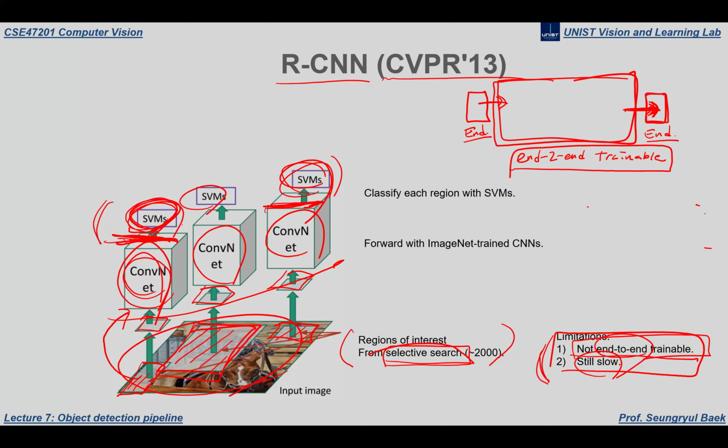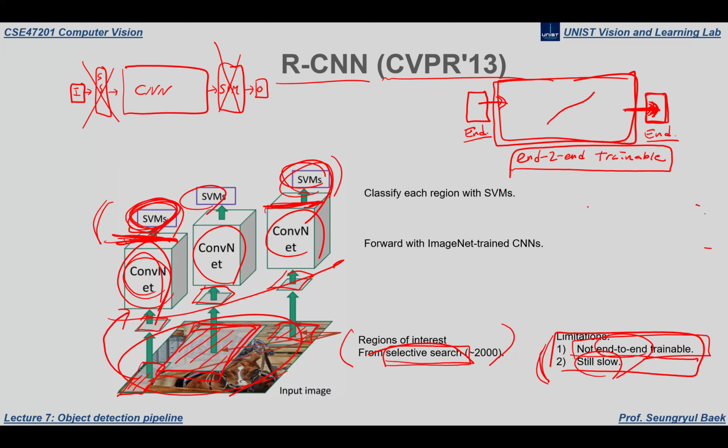So in both directions, it looks like this. From the image, we apply selective search, and then there is the CNN, and then SVM, and the final output. So we do not want this type of heuristics. We call this heuristics.